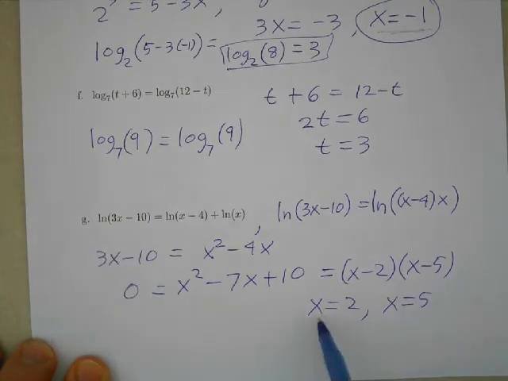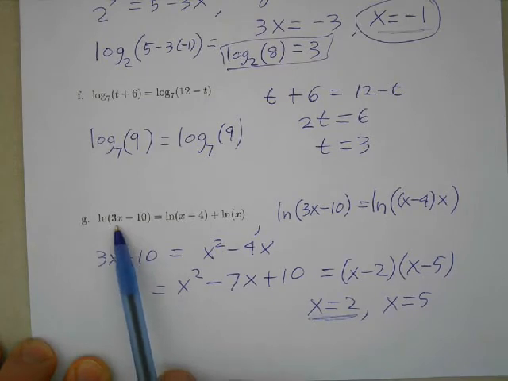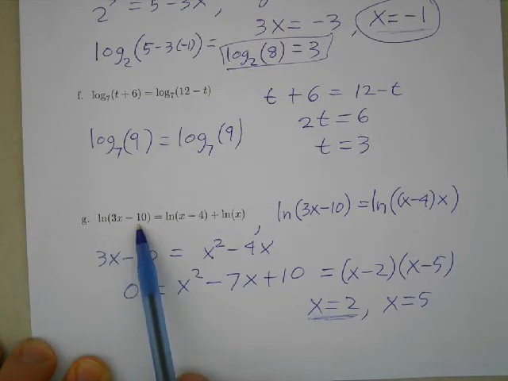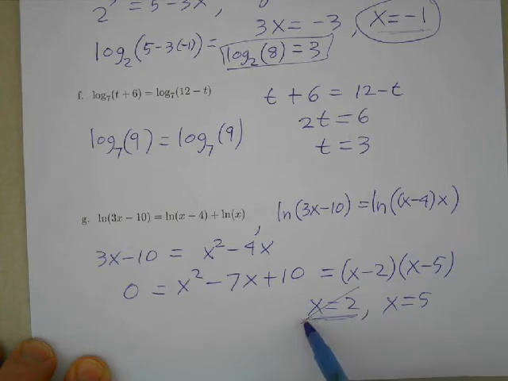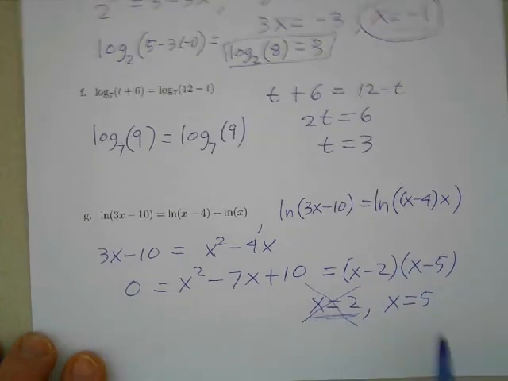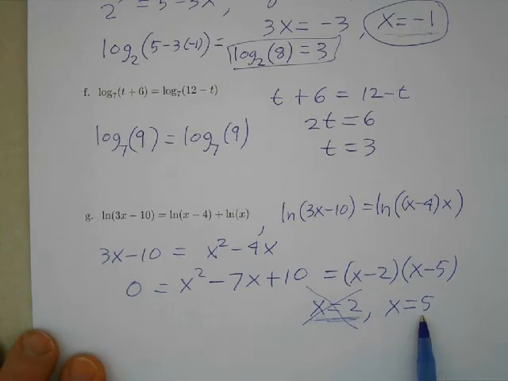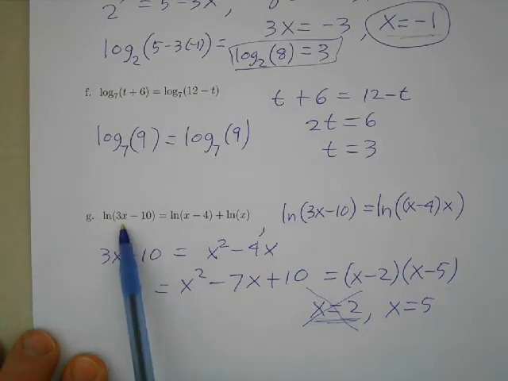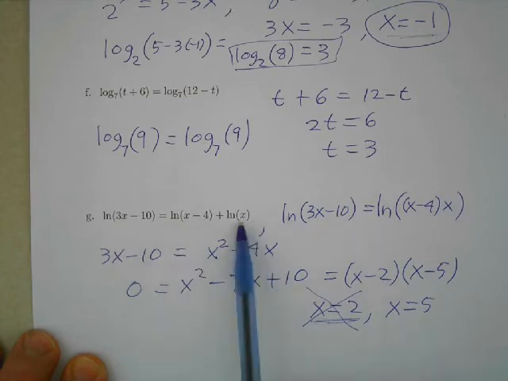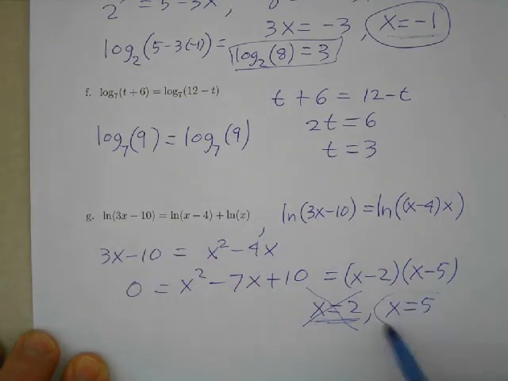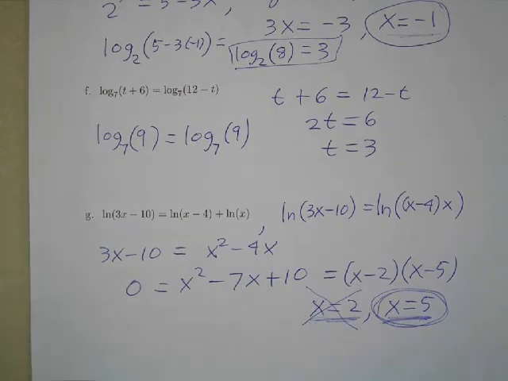When you check x equals 2, in the first logarithm, 3 times 2 is 6, 6 minus 10 is negative. Arguments of logarithms can't be negative, so x equals 2 is not a solution. The other one, x equals 5, replace every x with 5 and all of the arguments are positive, and you can verify that the equation is true when x equals 5, so x equals 5 is the solution.